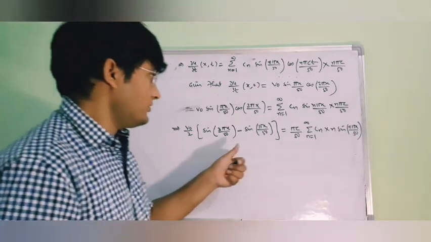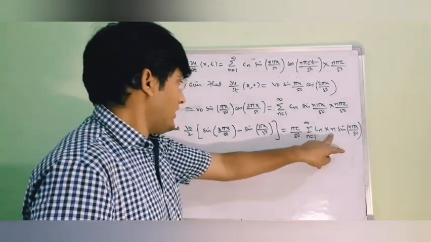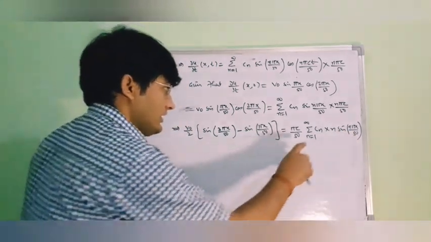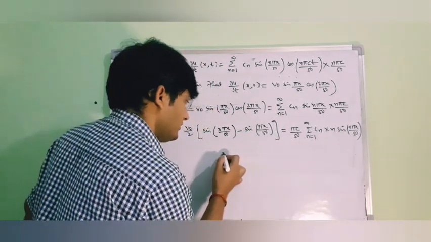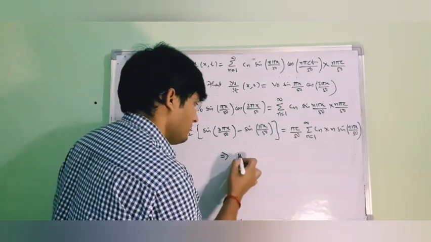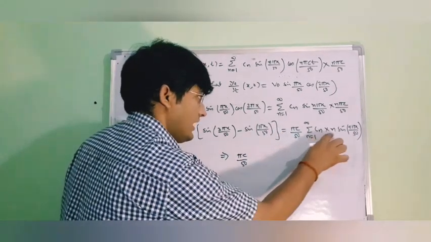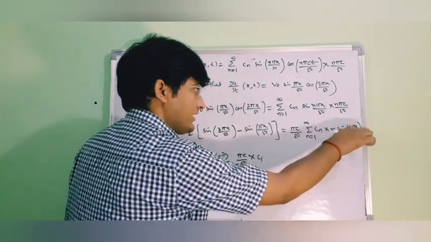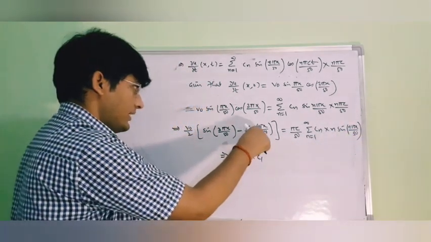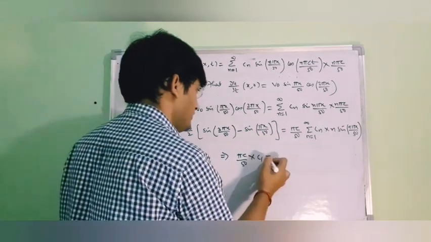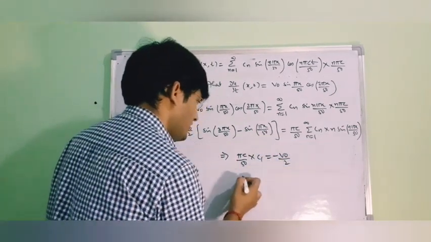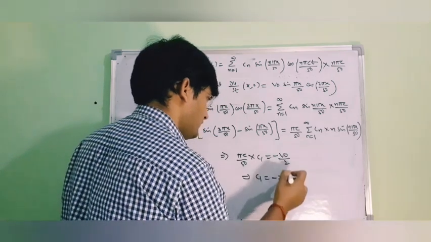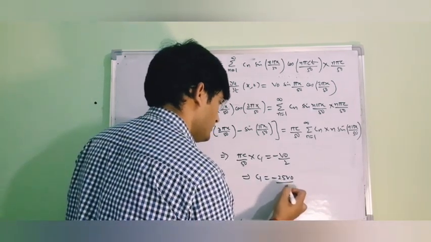Now you can see that if your n is 1, then we'll get sin pi x upon 50. So if n is 1, then in the right hand side we will have pi c upon 50, and this will be your c1 and this will be your sin pi x upon 50, and the coefficient of sin pi x upon 50 in the left hand side is minus v naught upon 2. So from here our c1 will be minus 25 v naught divided by pi c.